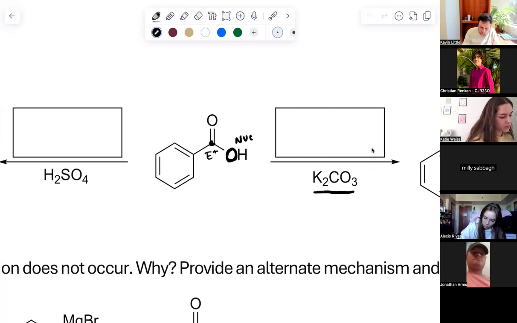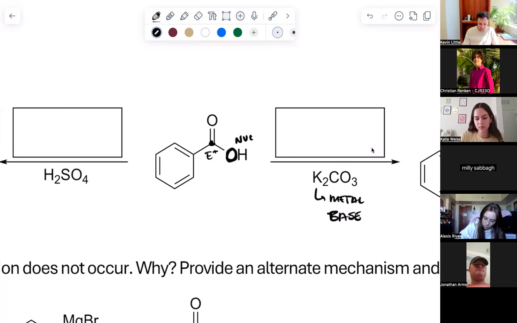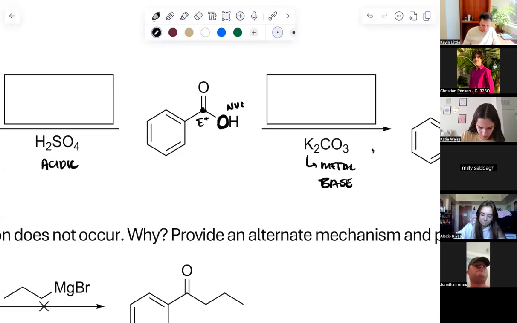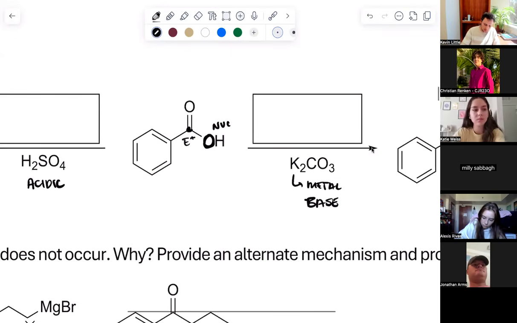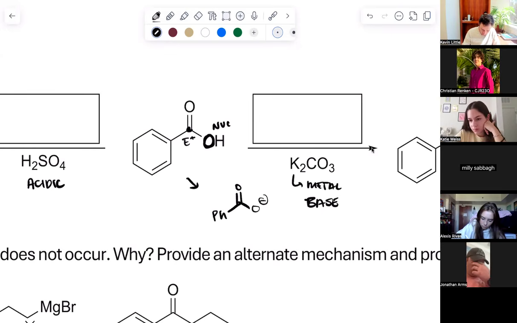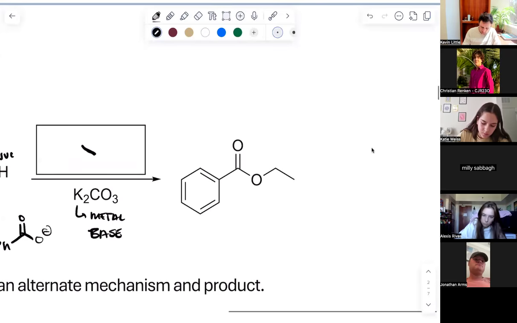Even if you don't know what this is, if you see a metal, I would think base. So this is basic conditions where this is acidic conditions. In basic conditions, what's going to happen is I'm going to remove that proton and I get a nice nucleophile, which means that I need an ethyl, right?